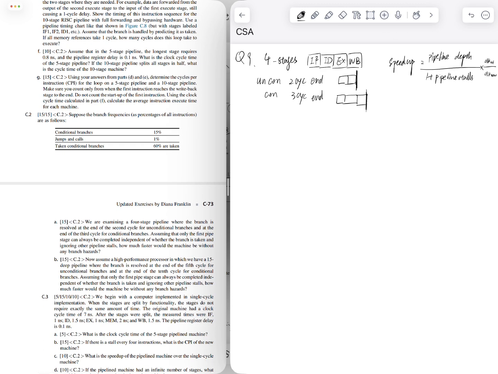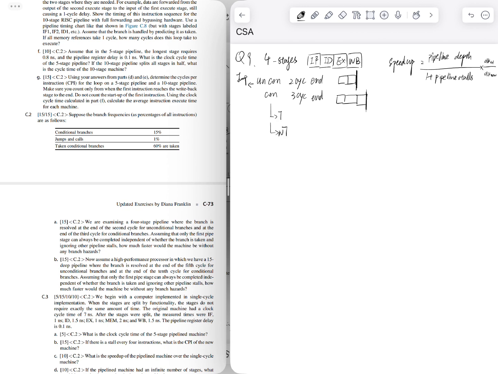there are two kinds of branches. One is conditional, and the second one is, I would say, unconditional. Unconditional here is actually just the jumps, right? And conditional can be taken or not taken.